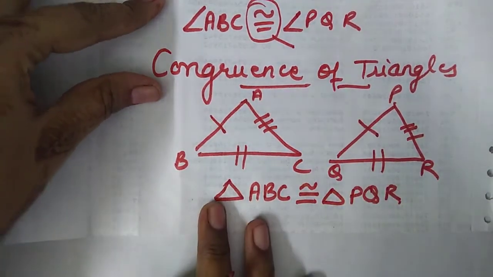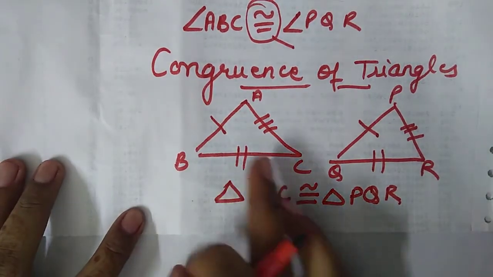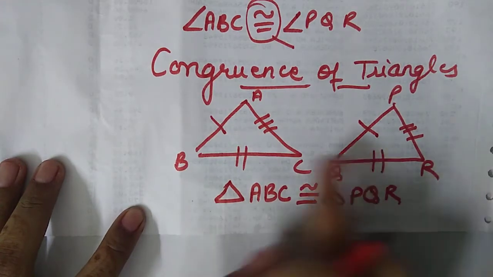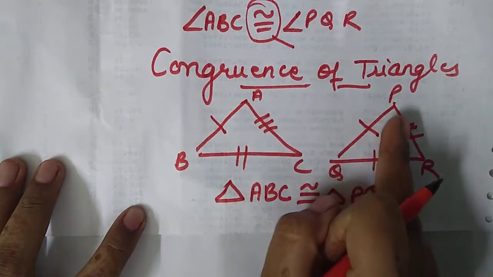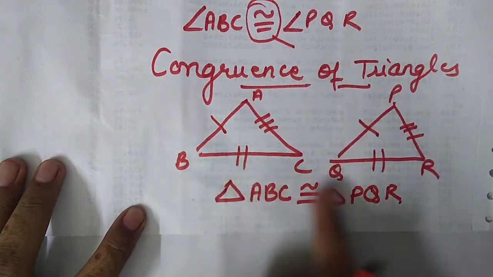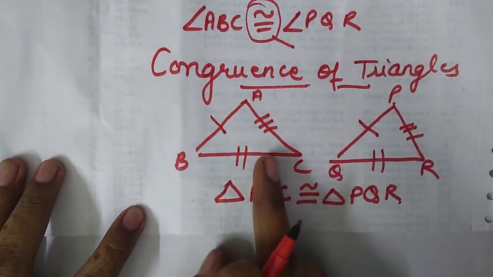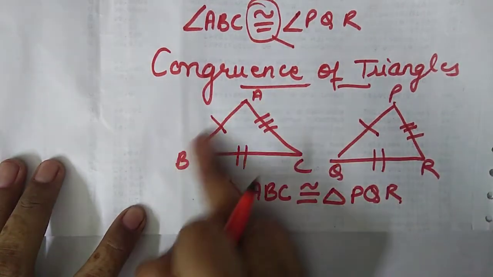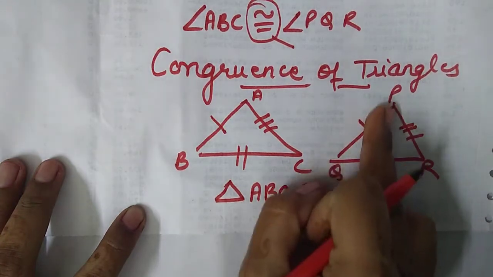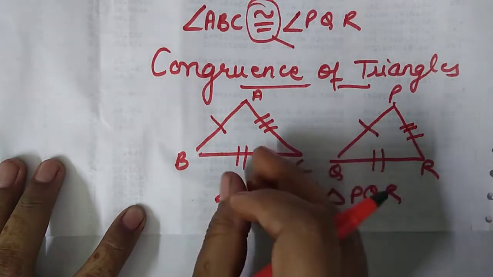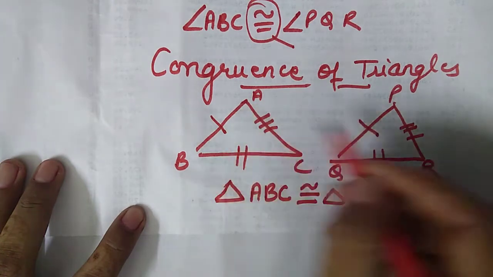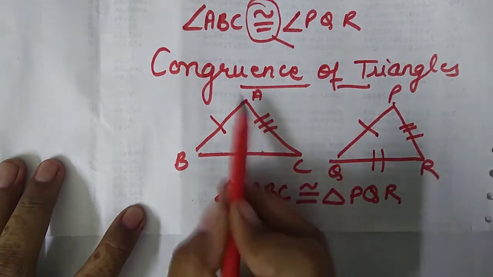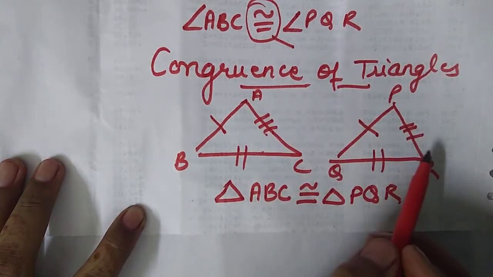It means that when we place a trace copy of triangle ABC on triangle PQR, vertex A falls on vertex P, vertex B falls on vertex Q, and vertex C on vertex R, and then side AB falls on side PQ, side BC falls on QR, and side CA, or you can say AC, falls on RP.